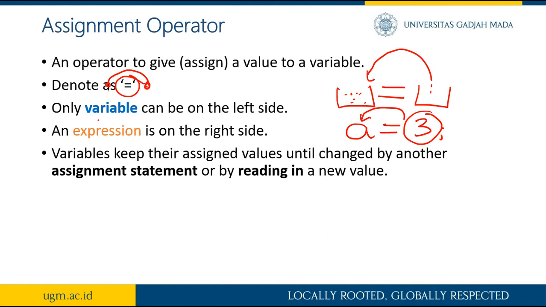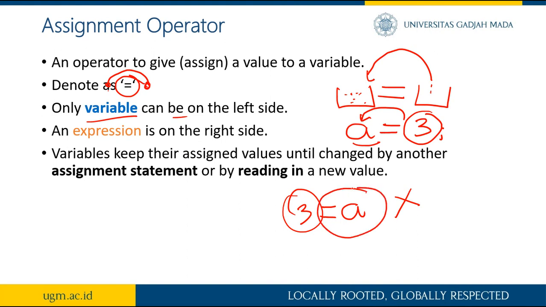The variable can be on the left side, and only a variable can be there, so it can't be changed like 3 equal to a. No, we can't do this. So the left side has to be only a variable. An expression is on the right side. So in the right side, this is the expression.